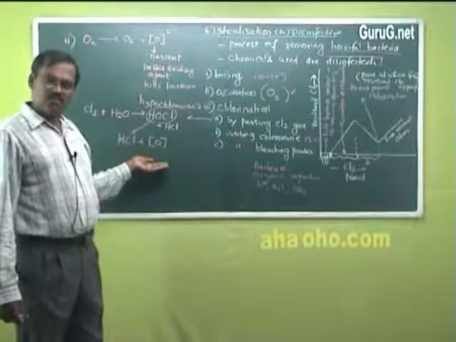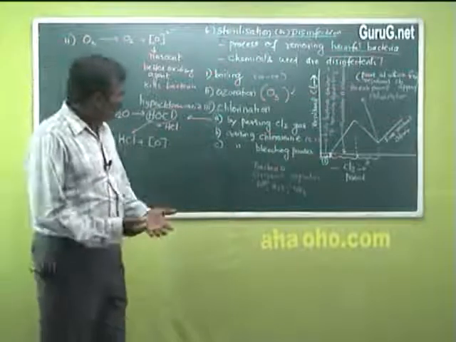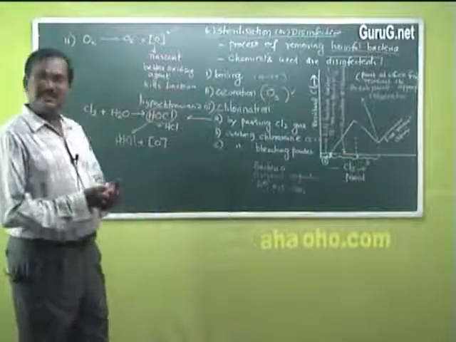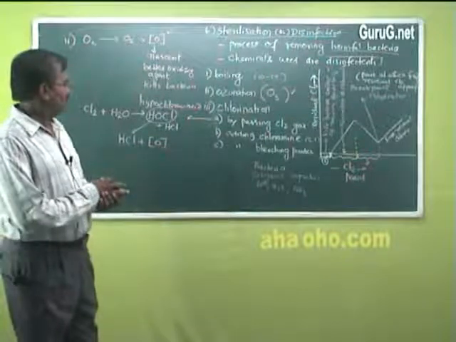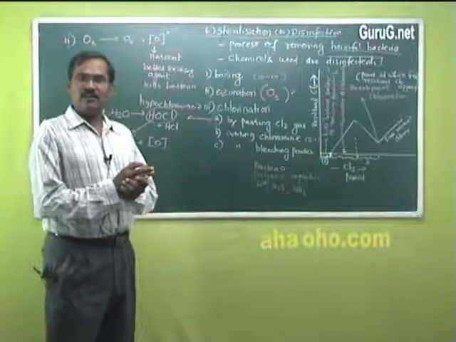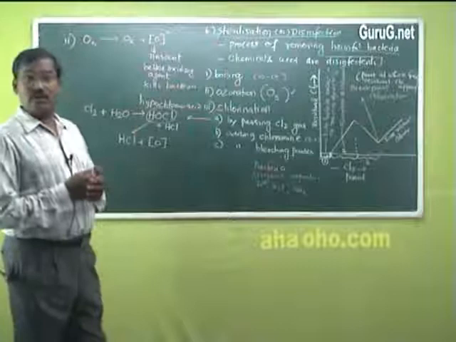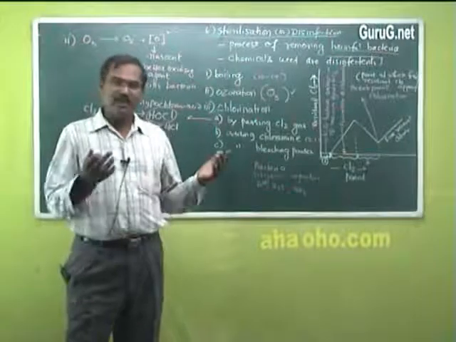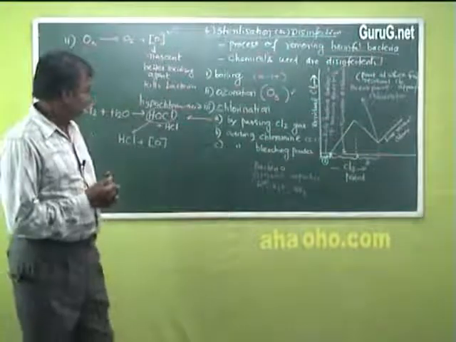So the nascent oxygen only kills the bacteria. But we have a problem with chlorine handling. Since it is a gas, passing chlorine is not that good a technique. Also, if the water has some hydrocarbons, then this chlorine will combine with such hydrocarbons, forming compounds like chloroform, which is not good for health.